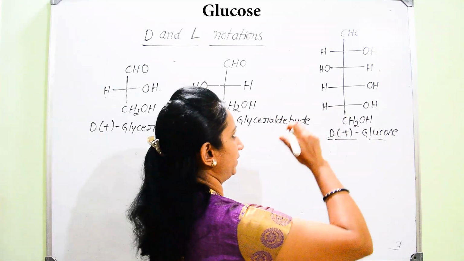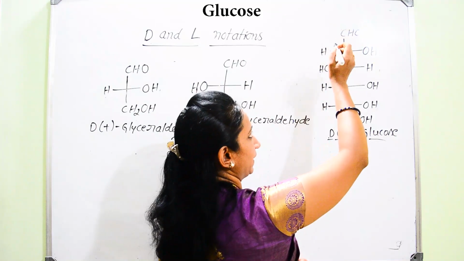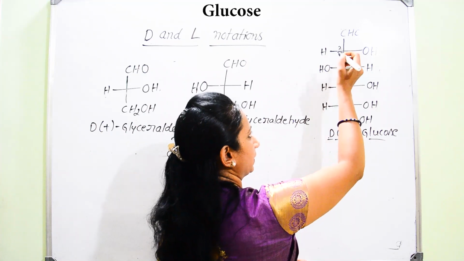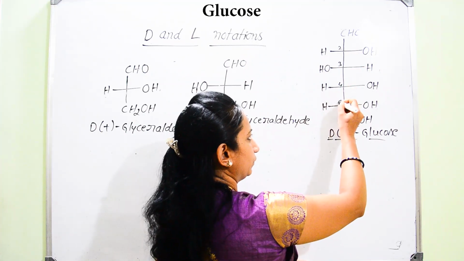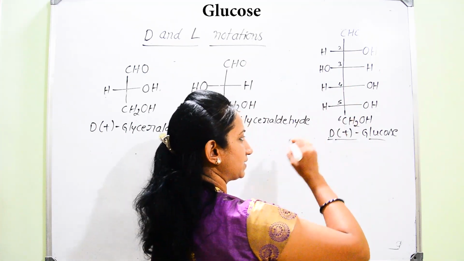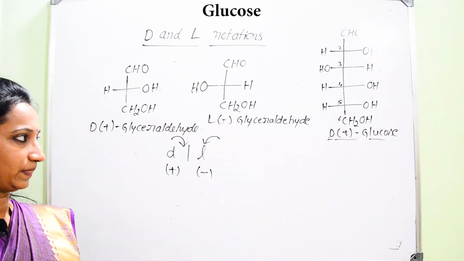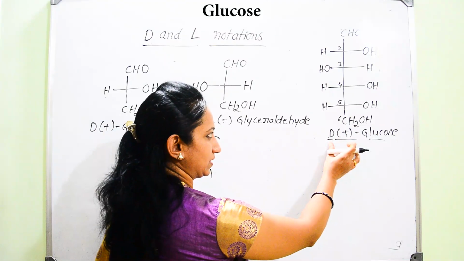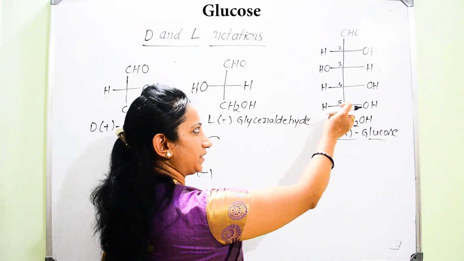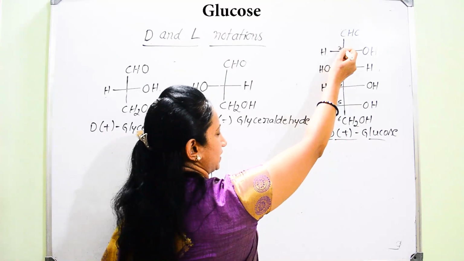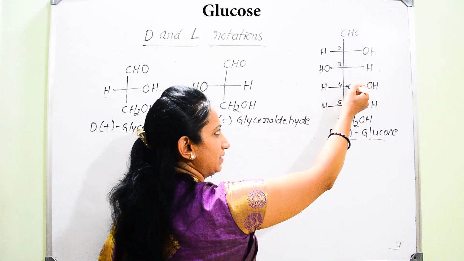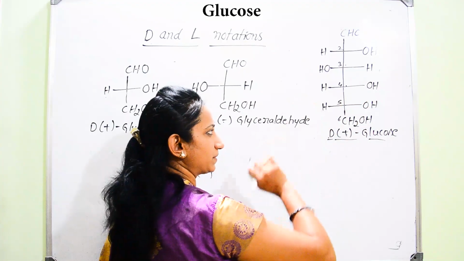Now you observe here. This is the first carbon atom, the second carbon atom, third carbon atom, fourth carbon atom, fifth carbon atom, and here the sixth carbon atom. Now in the case of glucose, which is the highest asymmetric carbon atom? The second carbon is the first asymmetric carbon, the third carbon is the second asymmetric carbon, then the third asymmetric carbon and the fourth asymmetric carbon.